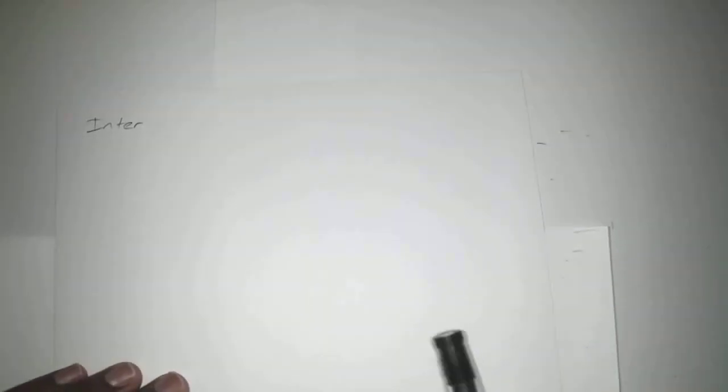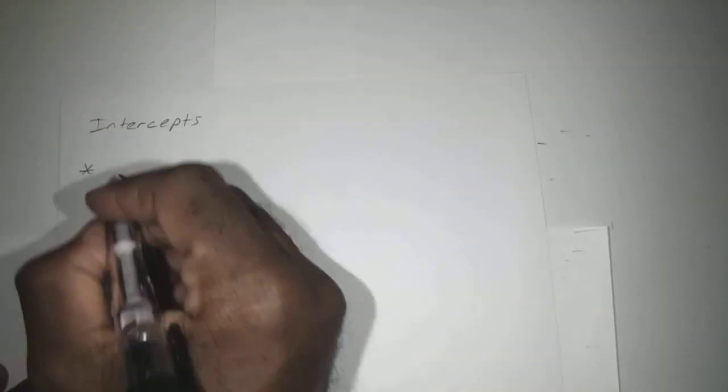Okay, so now we're going to do a quick review of intercepts. Remember, your x-intercept is just where it crosses the x-axis, and your y-intercept is where it crosses the y-axis.